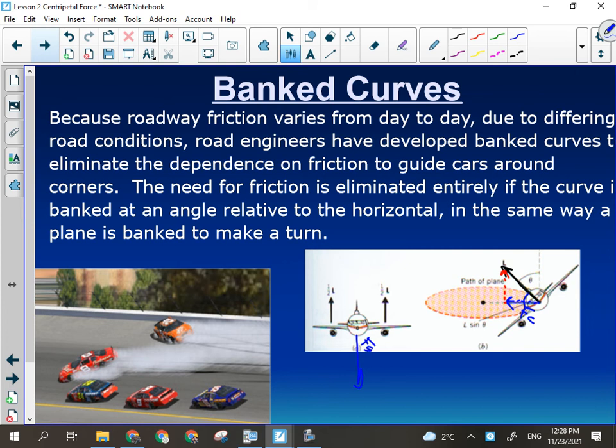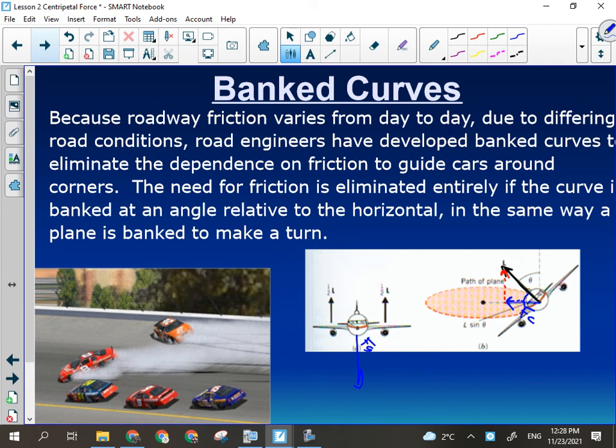But when the plane banks, there's only this much, the red line, force upwards produced by the wings, and it's not enough to overcome gravity, so the plane also starts to drop. It's not really a big concern for us in terms of circles, but important if you're piloting a plane, because when you bank the wings, you're also going to lose altitude. It is something you have to keep track of.